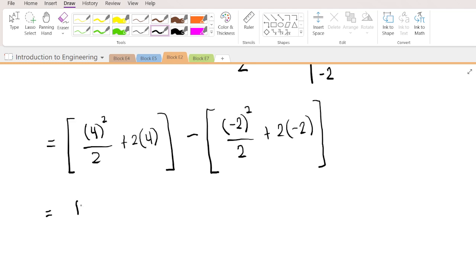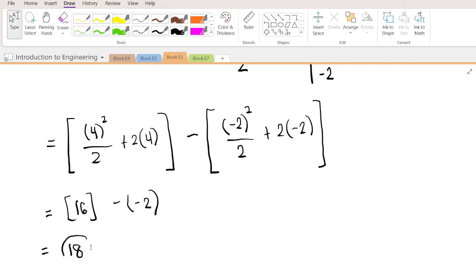We have 16 minus negative 2 squared over 2 plus 2 times negative 2. We have negative 2. So 16 minus negative 2, so we have 18.